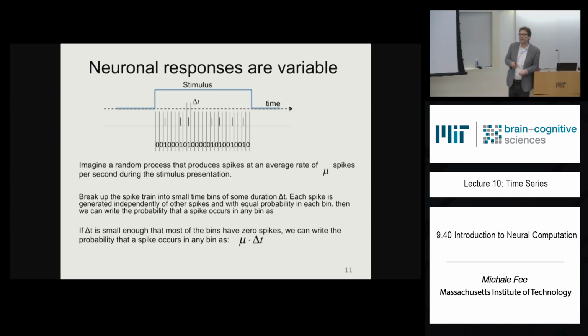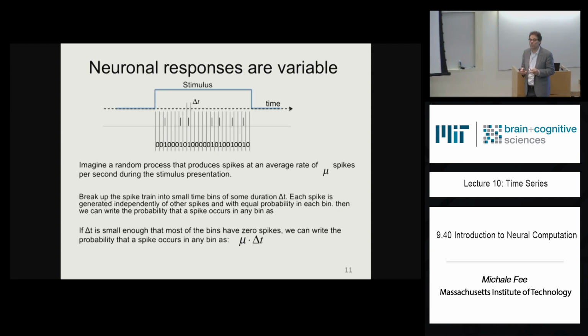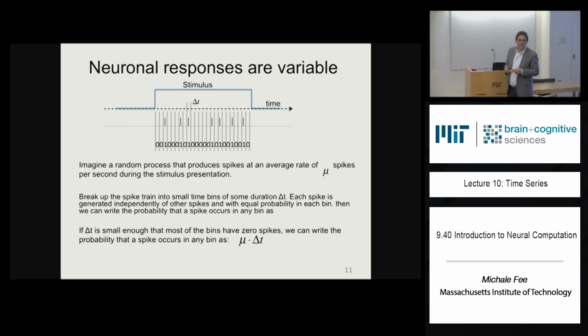The probability that you have a spike in any one of those very tiny bins is just going to be the spikes per unit time times the width of the bin in time. Now that's only true if delta t is very small, right?